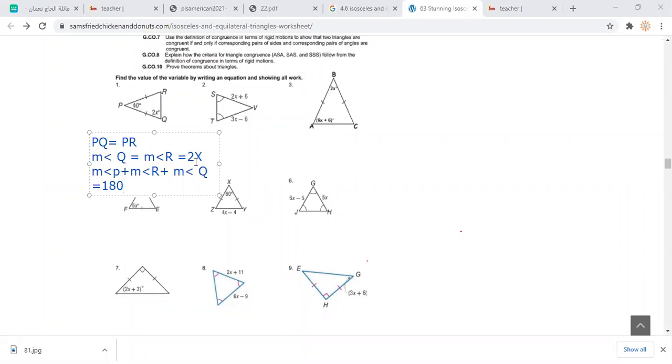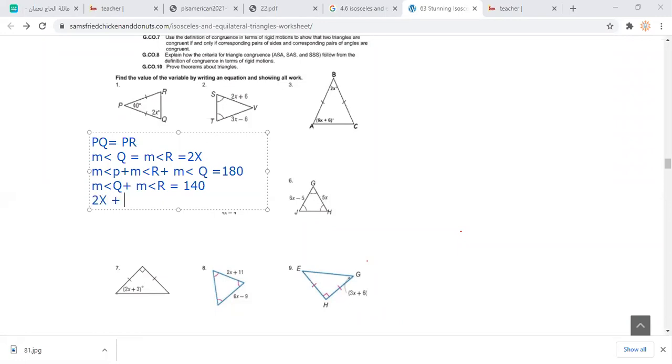So measure of angle Q plus measure of angle R equals 140 degrees. From where? 180 minus 40 equals 140.